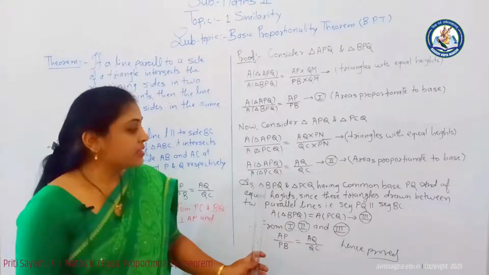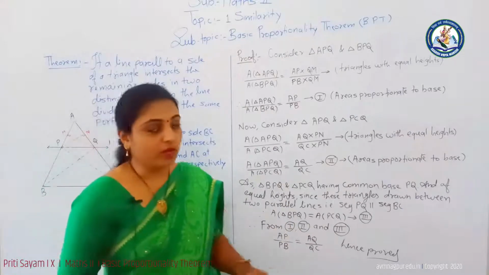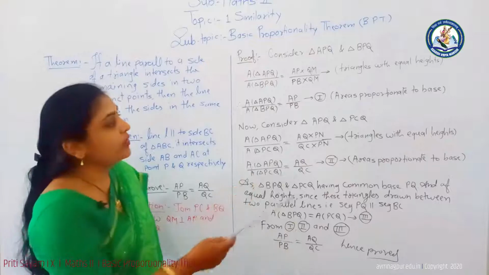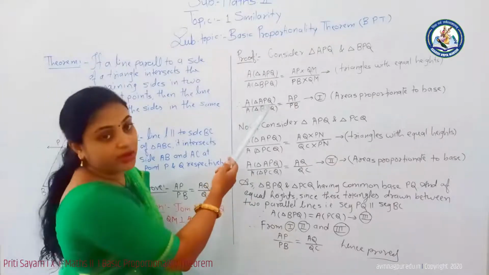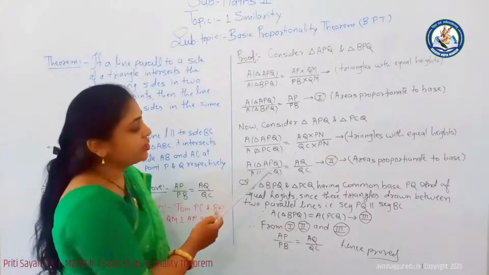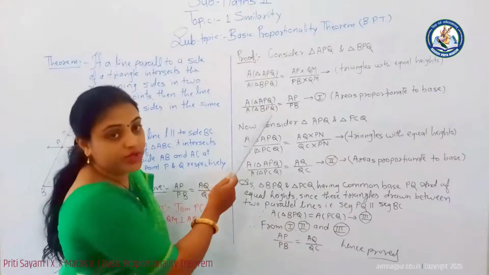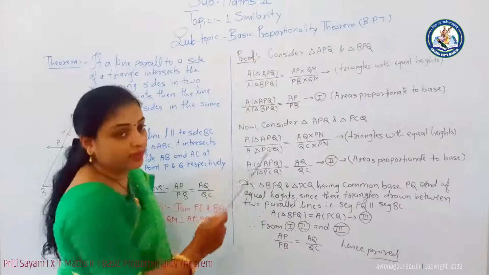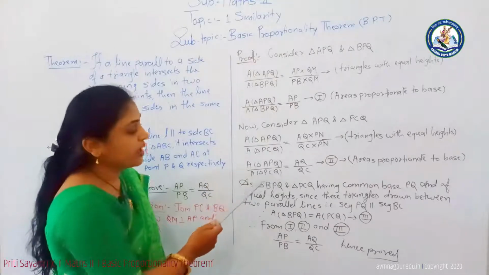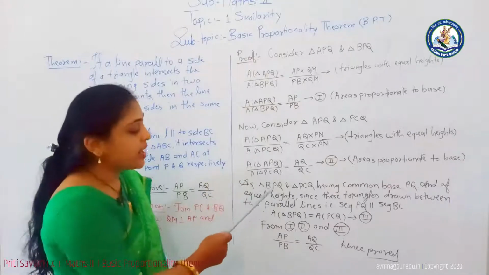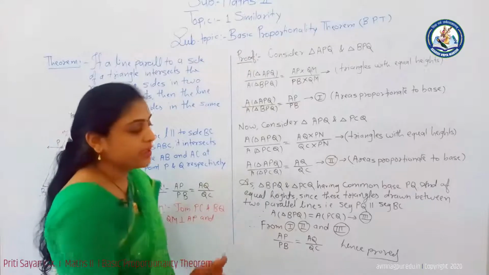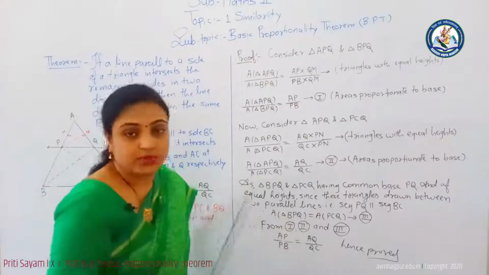Now from equations 1 and 2, the numerator is triangle APQ in both. But what about the denominator? In equation 1 the denominator is triangle BPQ and in equation 2 triangle PCQ. Triangle BPQ and triangle PCQ have the common base PQ.